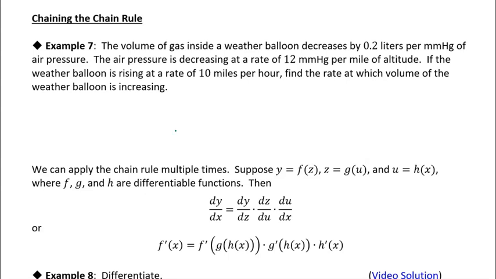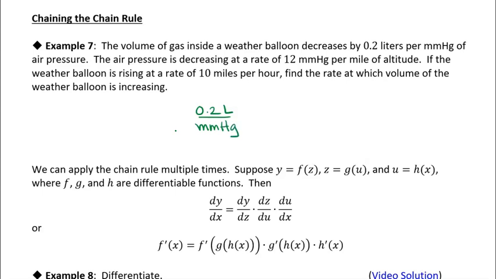All right, now, we're just going to multiply these rates, sort of like we did at the beginning of this section, right? We have 0.2 liters. I'll put a capital L for liters. Per millimeter of mercury, mmHg.